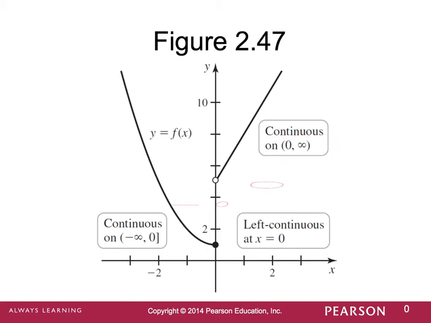It is an open interval because of the open circle here at 0, and we say that there is a point of discontinuity at 0. We can also describe the point at 0 as left continuous because the point goes with the left part of the function. If these were switched and this were an open circle and this were a solid circle, then we would say it's right continuous.